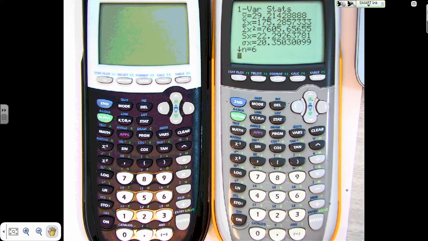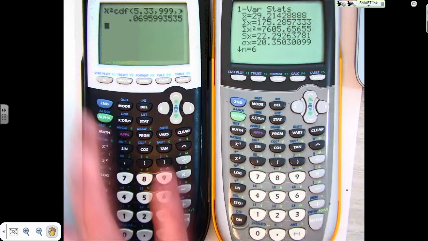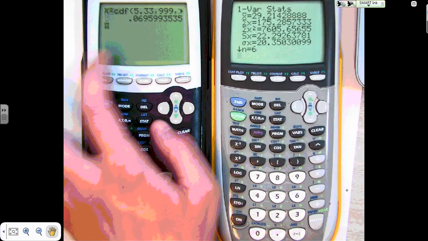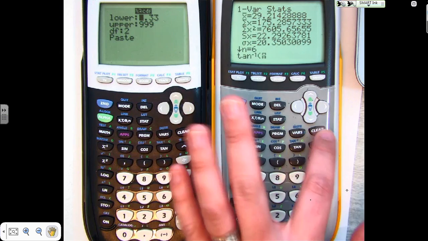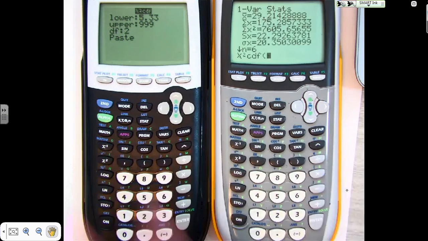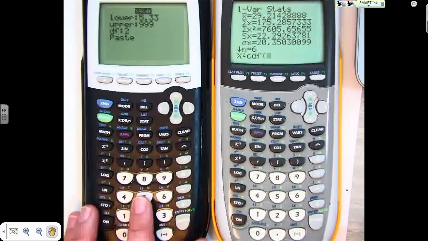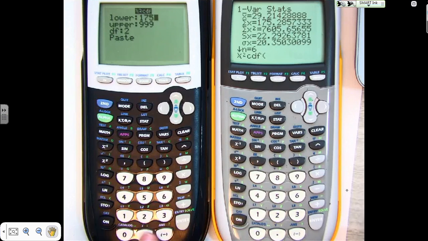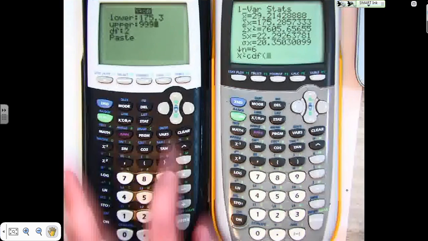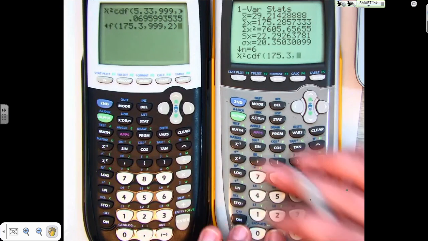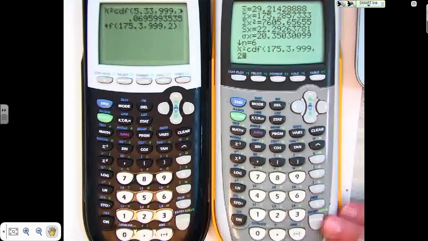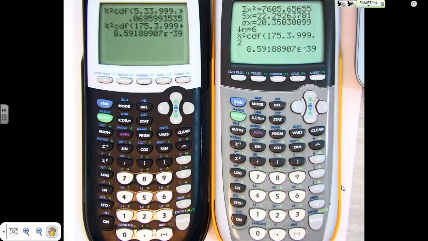I'll show you one more time on the calculator. Actually, I'll do it in both. Okay, so we have a lower bound of 175.3, an upper bound of 999 with a degrees of freedom of 2. All right, so take a look at that.